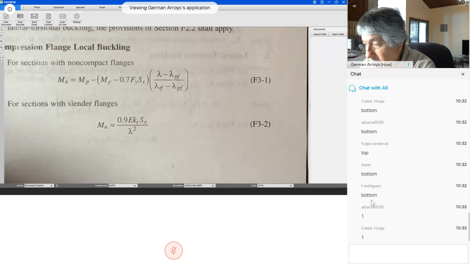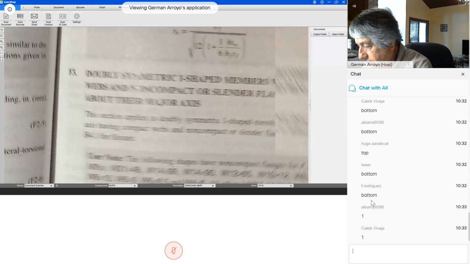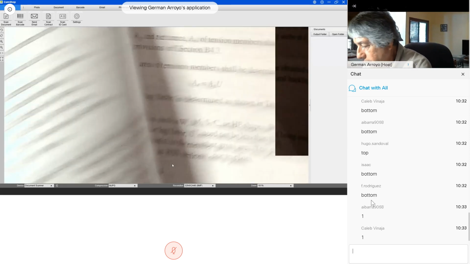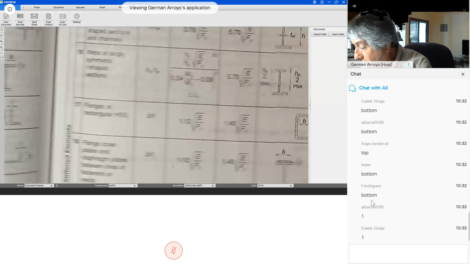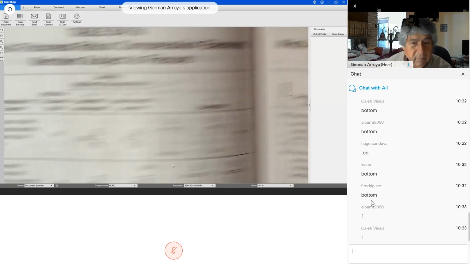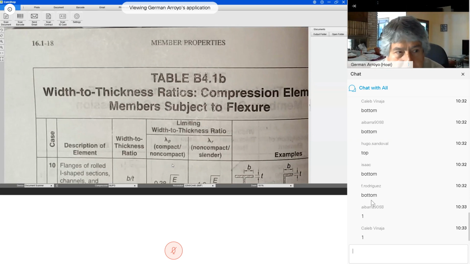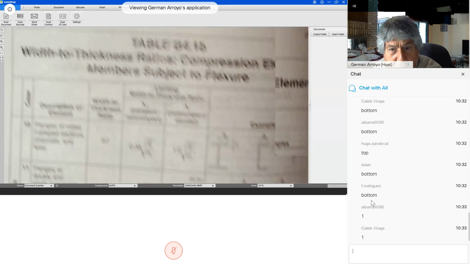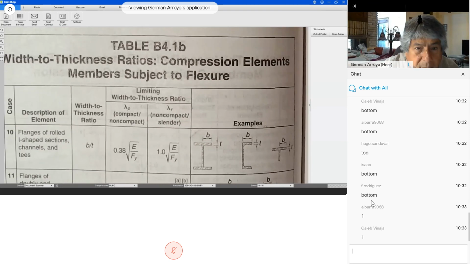I'm going to go back to chapter B, on page 16.1-18. Don't get confused with this table and the one for columns.